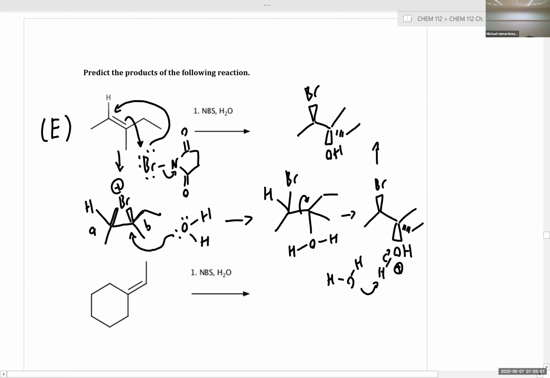So let's go through the steps just one more time for this process to help us visualize and understand what's going on in this example. First and foremost, we generate our bromonium intermediate.